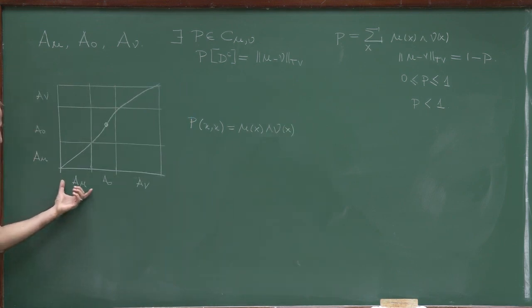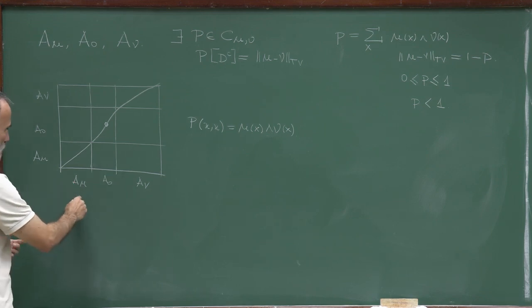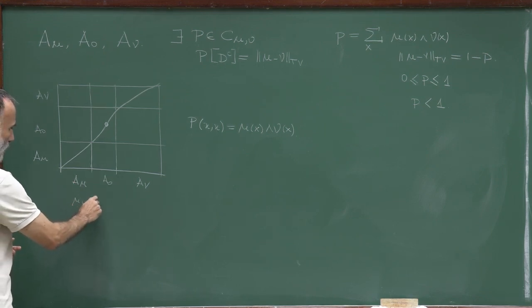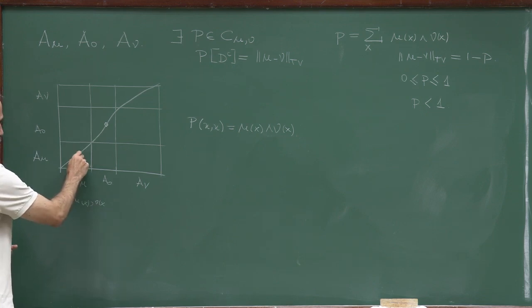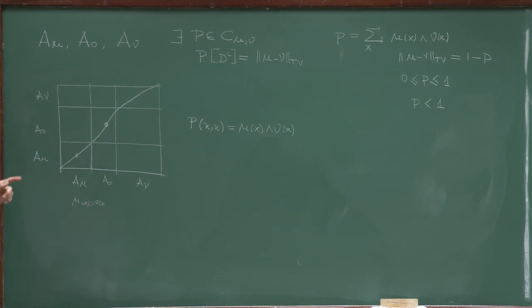And here on the set A mu, mu x is larger than nu x. So at this point here, I need to put some mass on this line, because the minimum here is nu x, and I need the sum on this column to be equal to mu x.